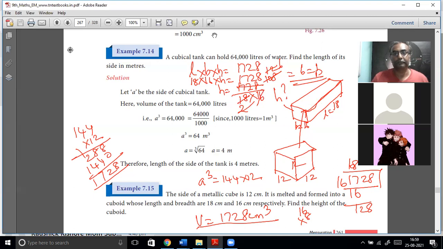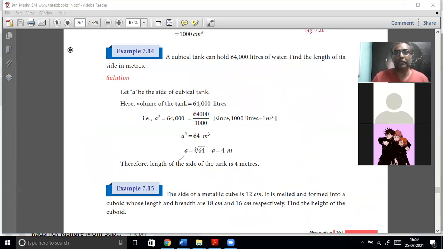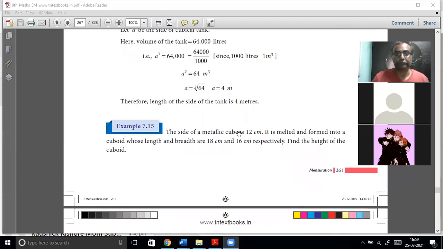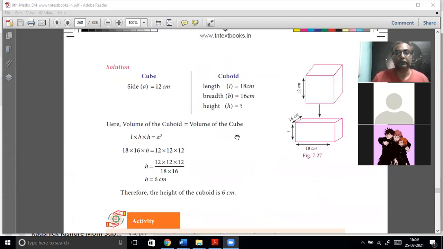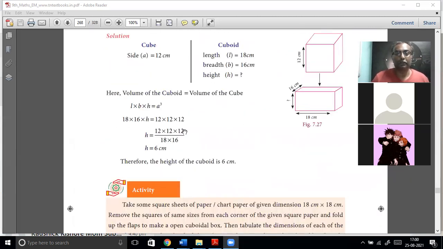No, uncle. Very simple sum only. Anyway, this is given in your textbook: 12 into 12 into 12 divided by 18 into 16. Here it is not calculating the volume first, but directly dividing. That also you can do, it makes one step simpler. H is equal to 6 centimeter.